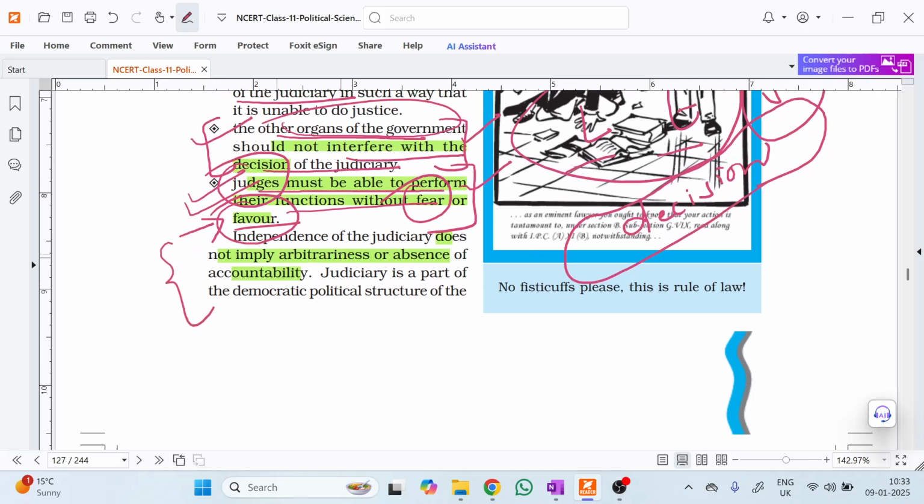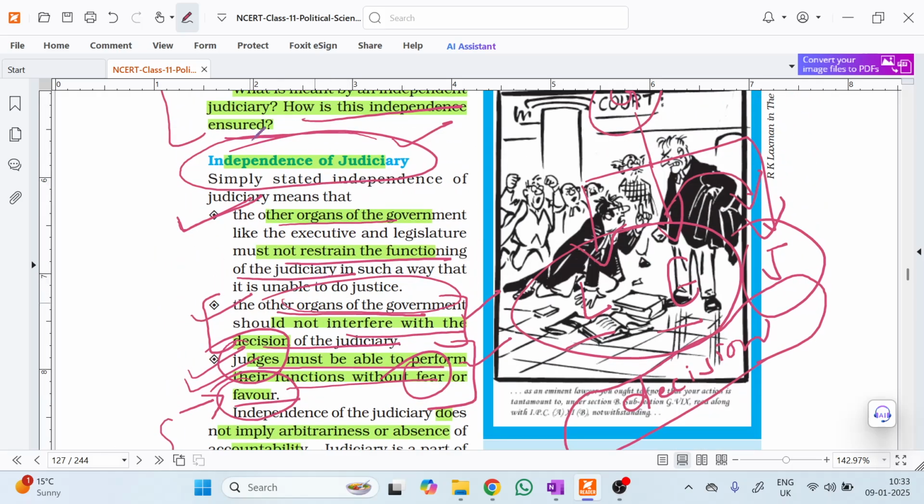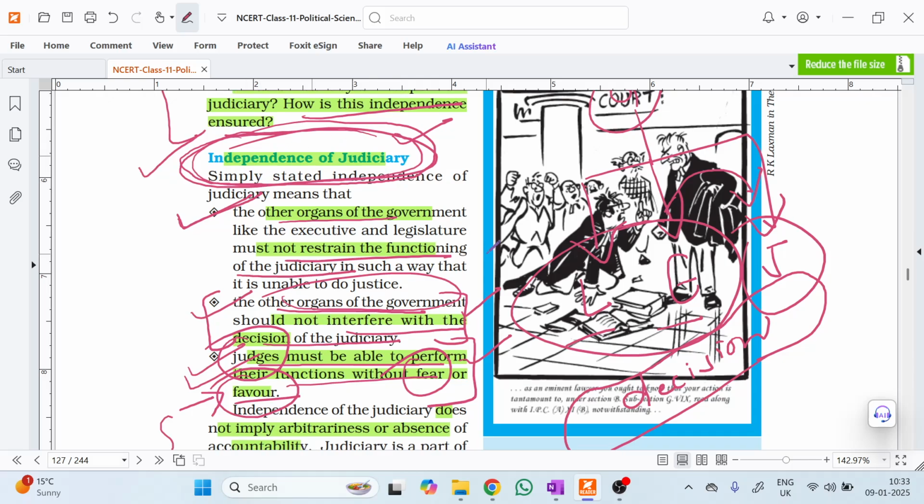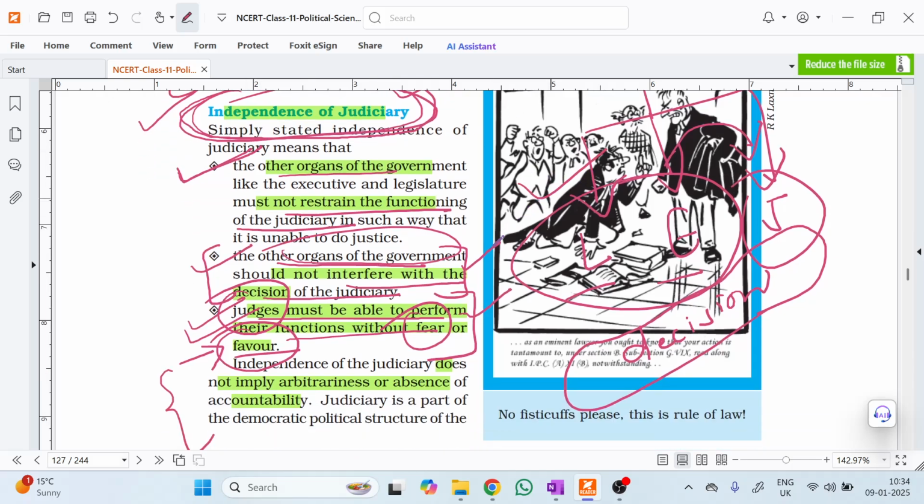Then ये सब देखने के बाद it does not imply that independence of the judiciary is the sole prerequisite of the establishment of the constitution. It is not that constitution is merely there to serve the independence of judiciary, nor are people, nor are the other organs of the government.